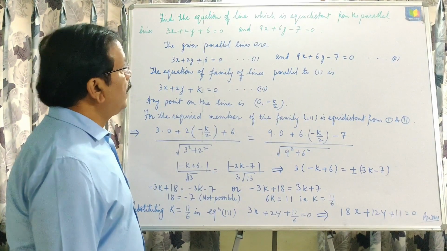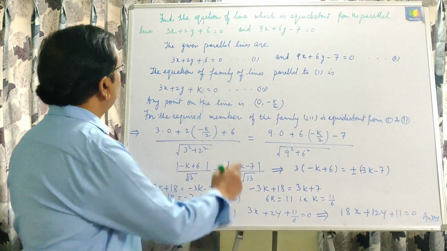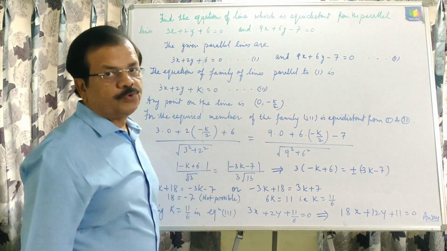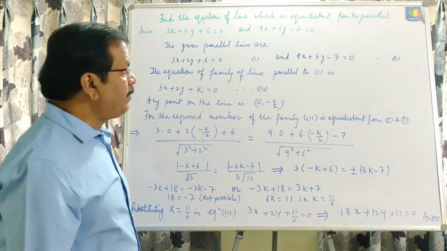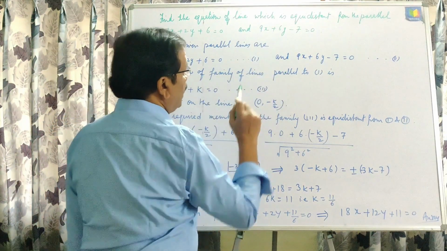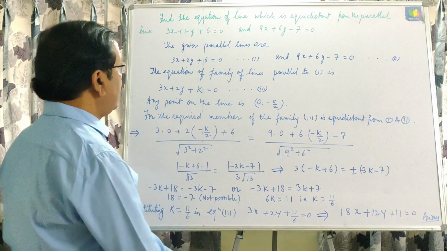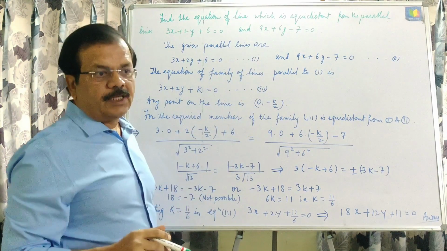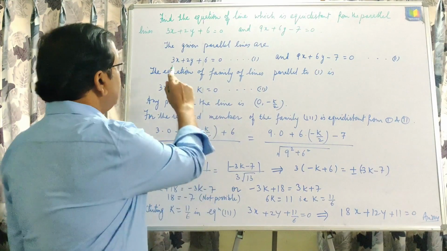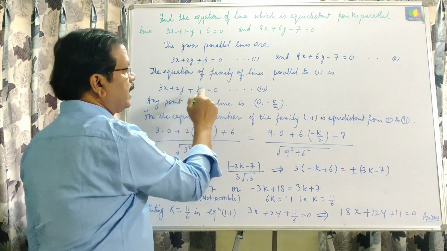Find the equation of the line which is equidistant from the parallel lines 3x plus 2y plus 6 and 9x plus 6y minus 7. These two lines are parallel lines, this is given, and then the equation of the family of lines which is parallel to the given parallel lines is ax plus by plus k is equal to 0.